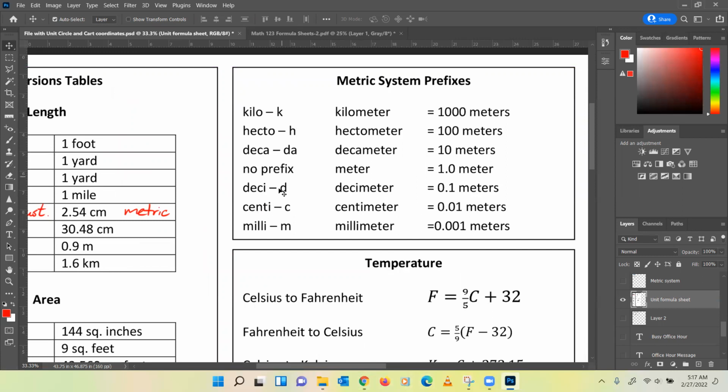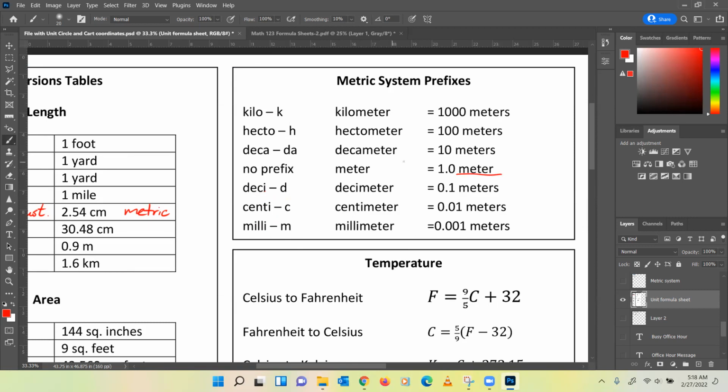We've got these prefixes here: kilo, hecto, deca, perhaps no prefix like meter, that's just the base unit. Then we've got deci, centi, and milli below that. Notice that these down below end in I. And that can help you know if you're smaller than your base unit or larger. So let's use the base unit of meter, since that's what we have here.